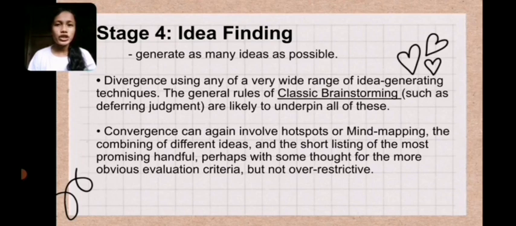So in this stage, you will generate as many ideas as you can that have relevant information to your problem. So with those ideas that you generate, you will make a short list with the ideas.